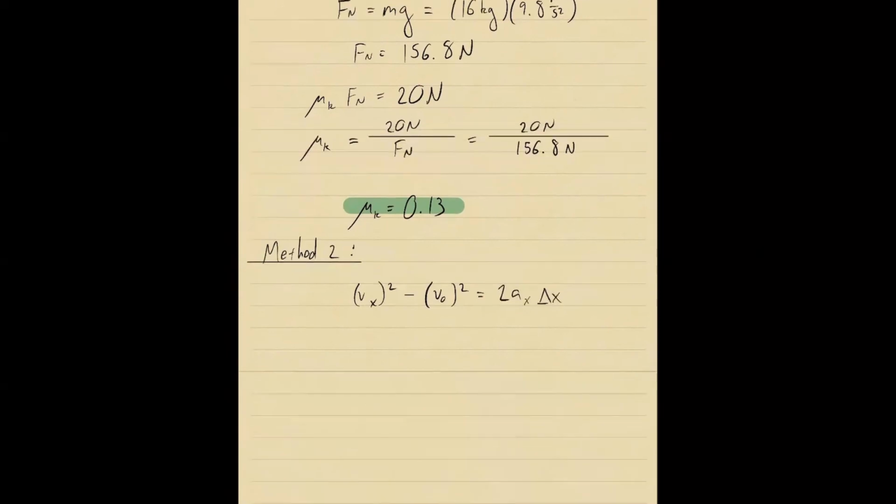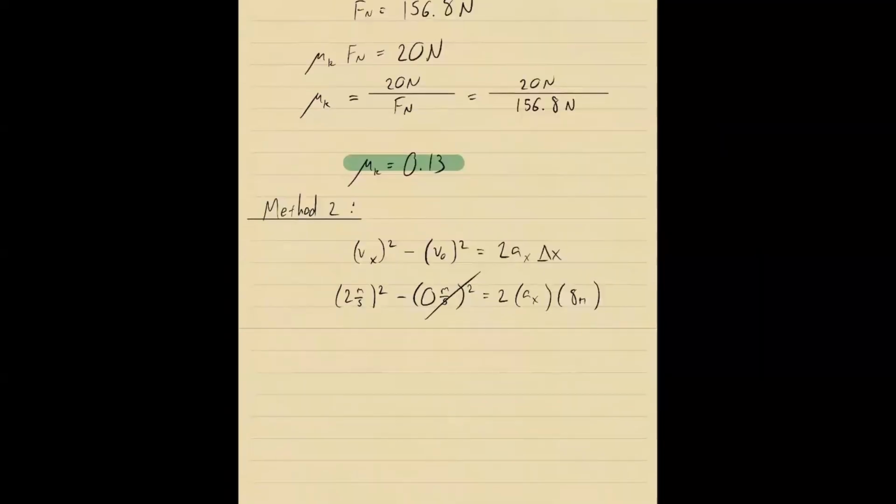So our final velocity in the x direction is 2 meters per second. Our initial velocity in the x direction is 0 meters per second. And we have 2 times our acceleration, which we don't know yet, times our displacement, which in this case is 8 meters. So 0 squared is just 0, and then 2 times 8 is 16.